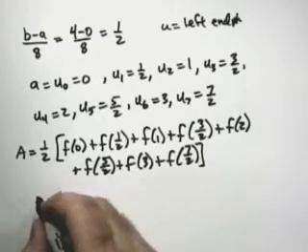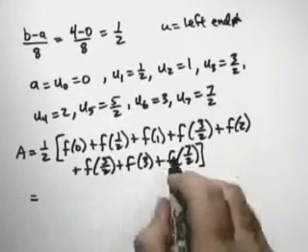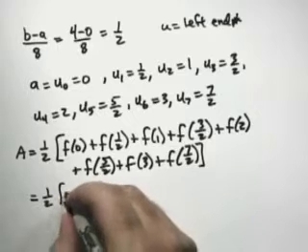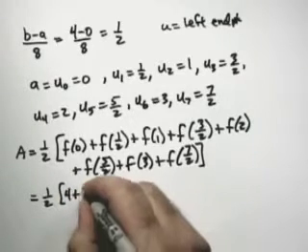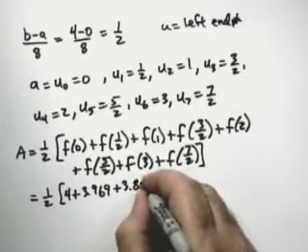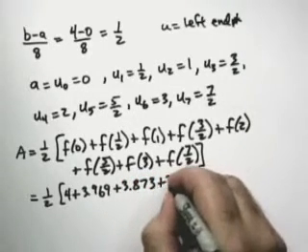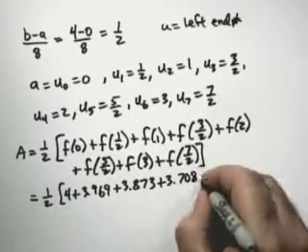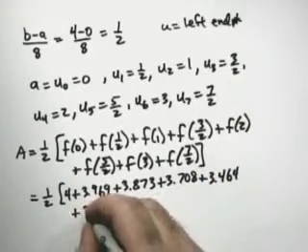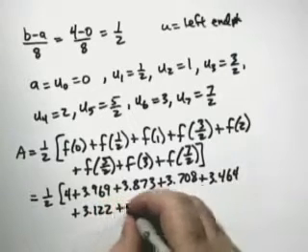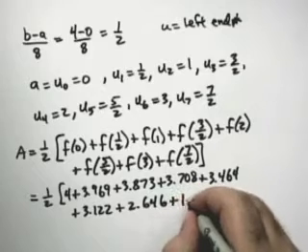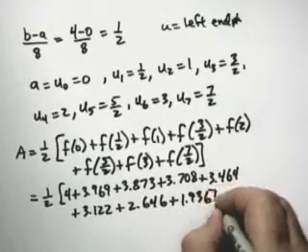subintervals. If we evaluate the function at each of these values for u, we'll have 1/2 times 4 plus 3.969 plus 3.873 plus 3.708 plus 3.464 plus 3.122 plus 2.646 and plus 1.936.